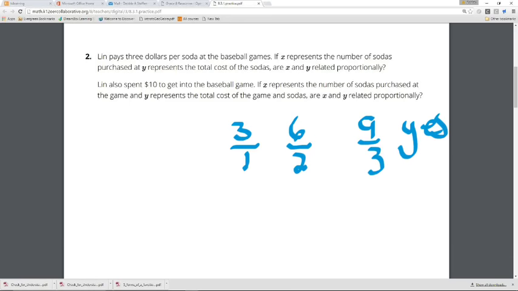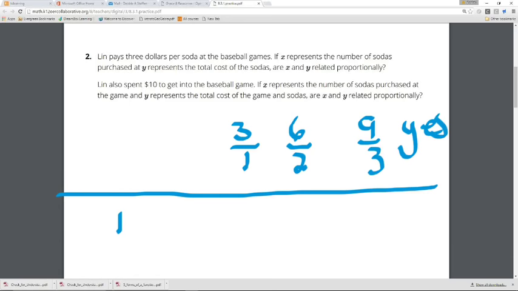The second question says she also spends $10 to get into the game, and if X represents the sodas purchased and Y represents the total cost of the game and the sodas, are they proportionally related? Well, if she buys 1 soda, I'll do that down here and erase that so there's more room.